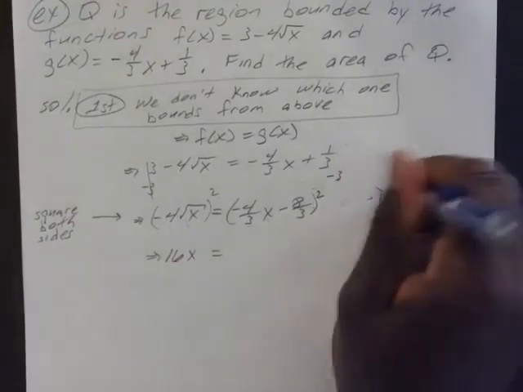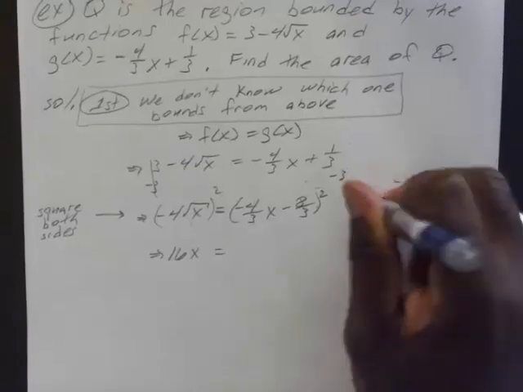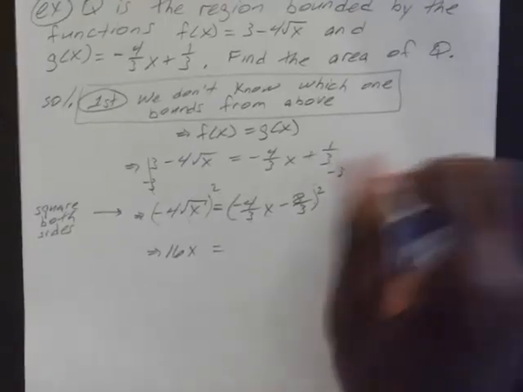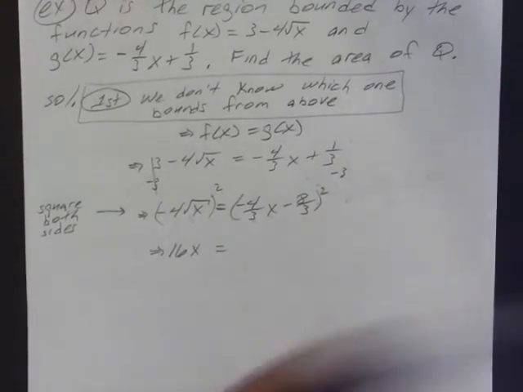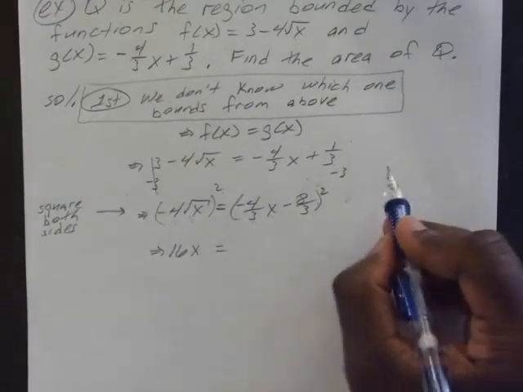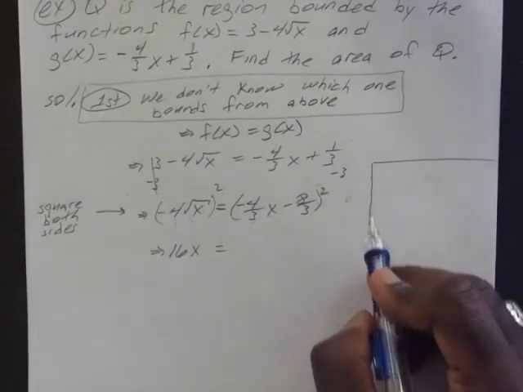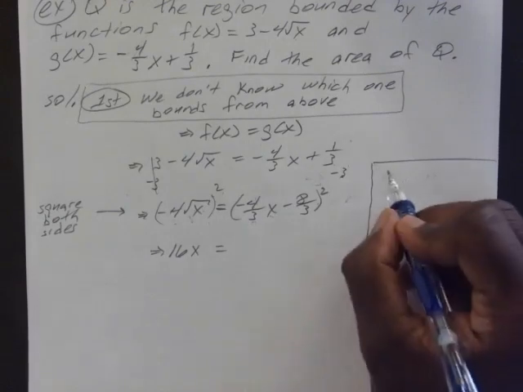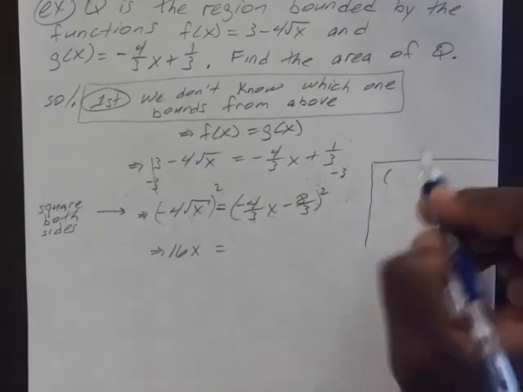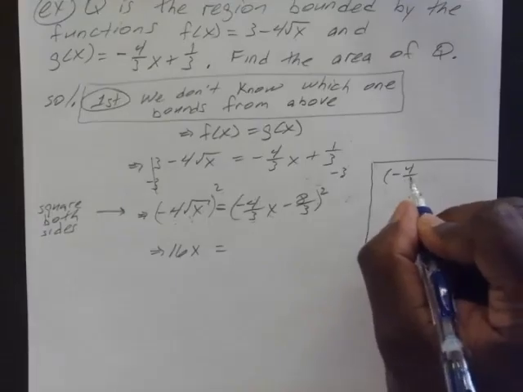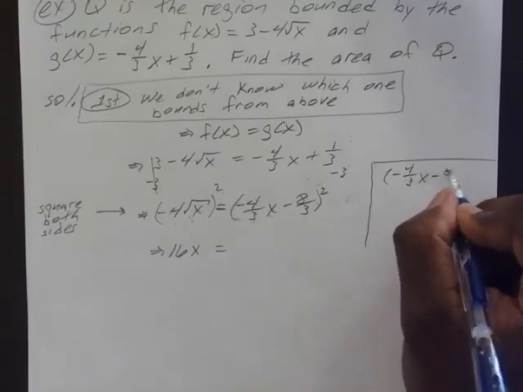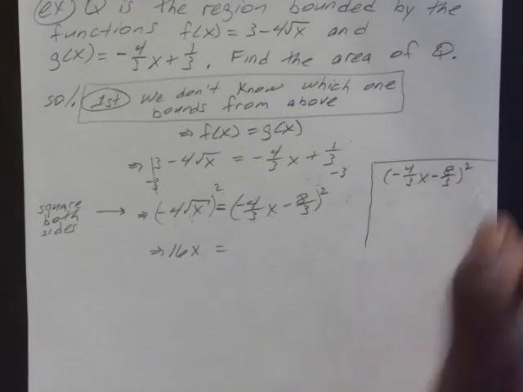I like to put my little workout notes on the right. Doesn't really matter which side it goes on, but I am a creature of habit. Okay, so we have negative 4 over 3x minus 8 over 3 squared.